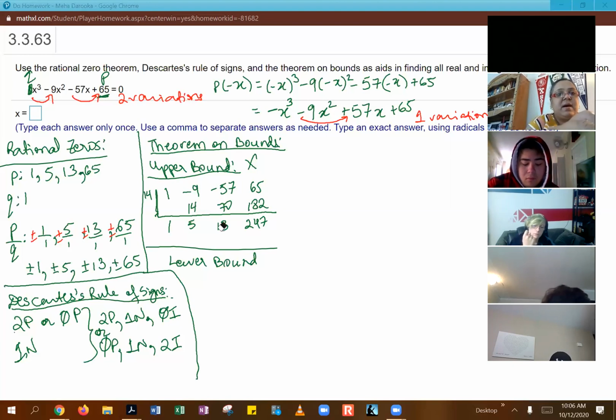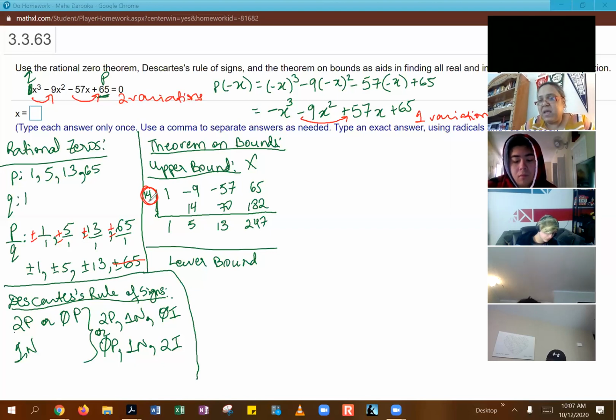So, okay, I'm glad you were able to find your upper bound. That is actually a good sign, because that means you can actually eliminate positive 65 from your rational zero theorem. And that's the idea with the upper bounds and lower bounds: if we're saying, okay, 14 is the maximum real number on the positive side that you can have, that means positive 65 cannot be used.